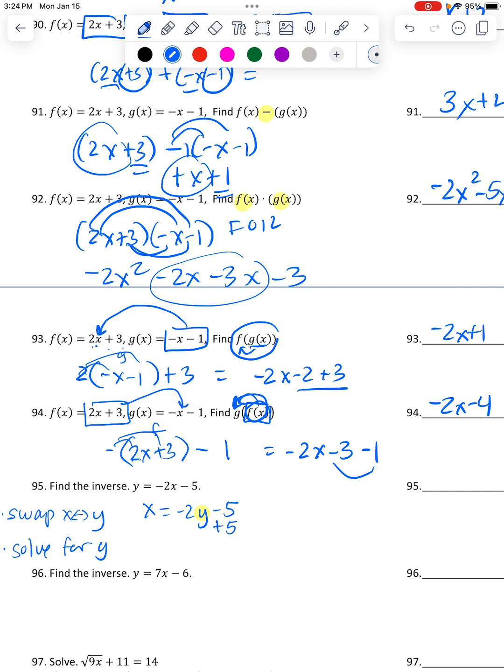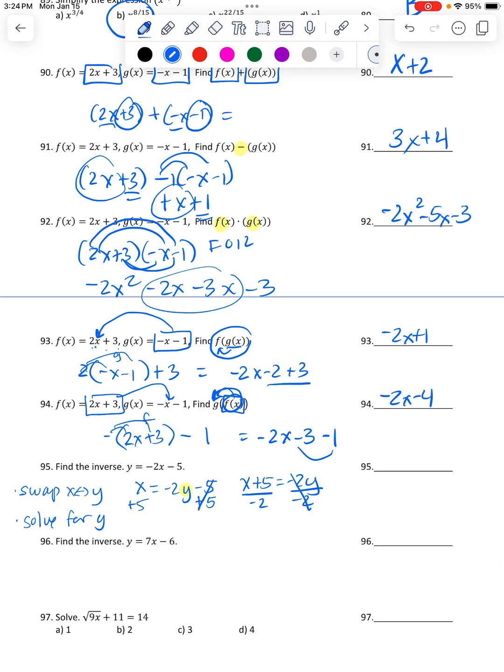So to undo a subtraction, I'm going to add 5. Now I have x plus 5 equals negative 2 times y, but to undo multiplication, I need to divide. So in the end, my inverse, which we write like this, because that's like the fancy y, is going to be x plus 5 divided by negative 2.